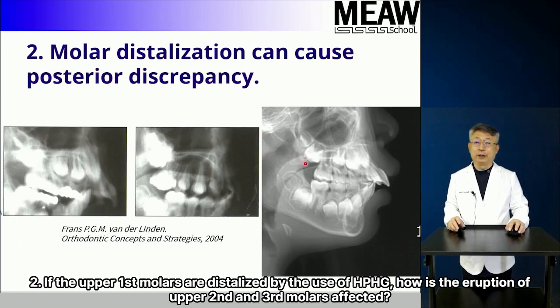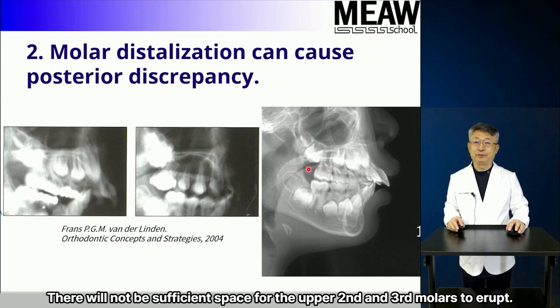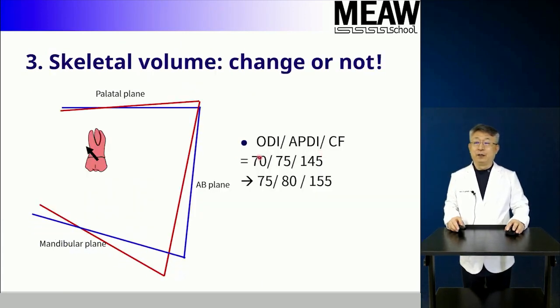2. If the upper first molars are distalized by the use of HPHG, how is the eruption of upper second and third molars affected? There will not be sufficient space for the upper second and third molars to erupt. 3.